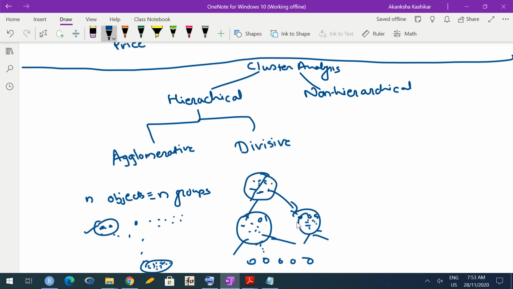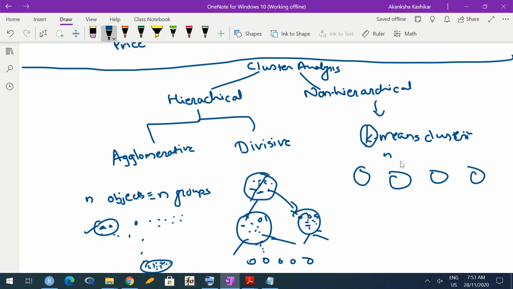On the other hand, in non-hierarchical clustering, that doesn't happen. A typical example of non-hierarchical clustering is k-means clustering. We'll see what it is. In k-means clustering, you fix the number of groups in advance, that is k, and you have n objects. At the first step, you randomly divide them into k groups. So you have some objects here, some here, some here, and some here. At the next step, you again reshuffle these groups to get k new groups.